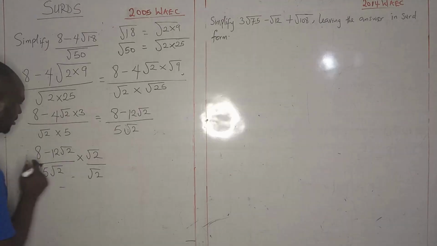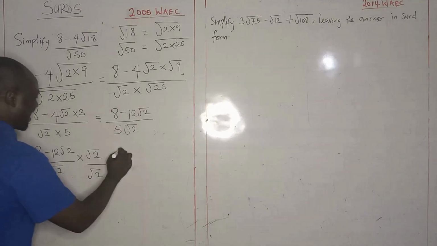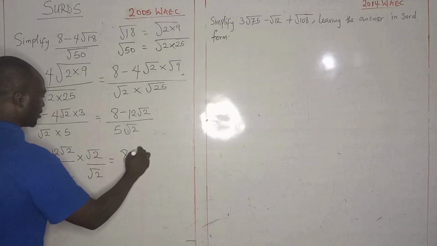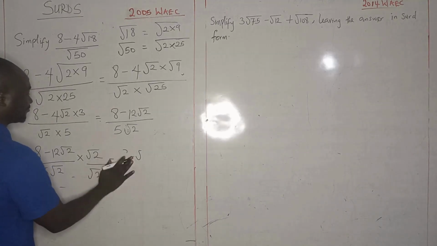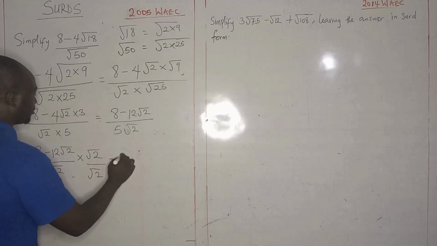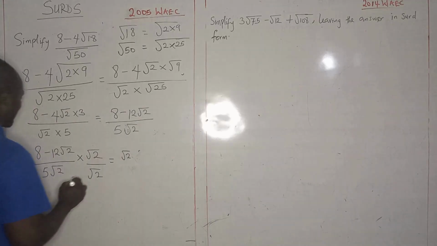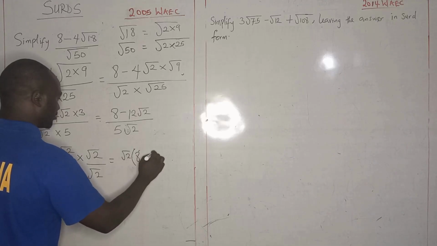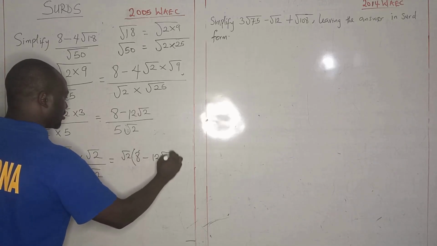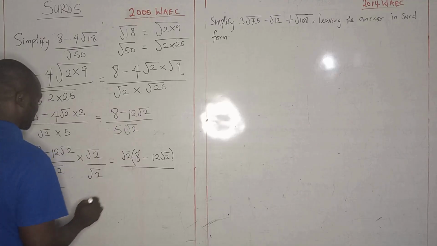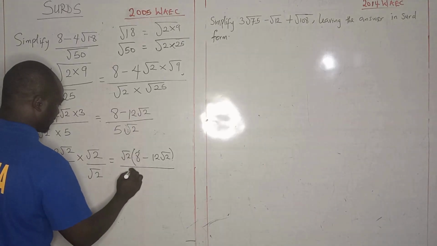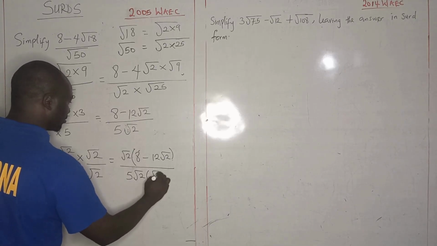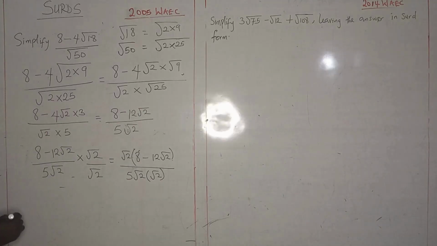Now, what does that mean? It means 8 minus 12 root 2 over 5 root 2, into root 2. Now, what does that mean?